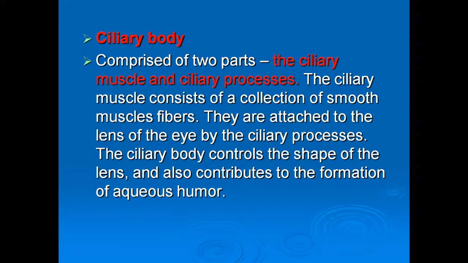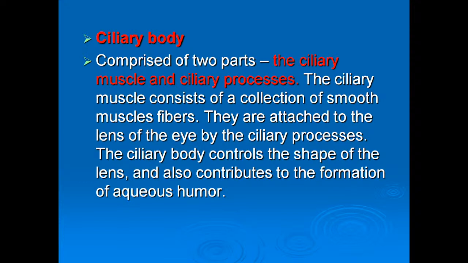Next structure, ciliary body, comprised of two parts, the ciliary muscle and ciliary processes. The ciliary muscle consists of a collection of smooth muscle fibers. They are attached to the lens of the eye by the ciliary processes.